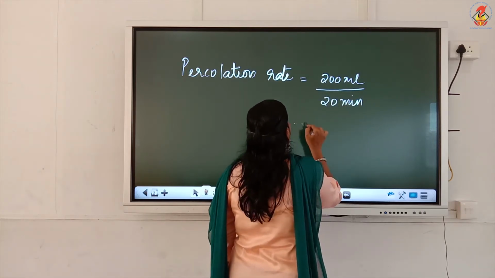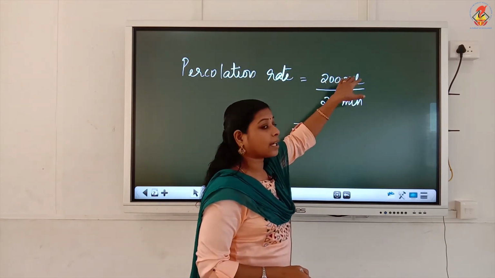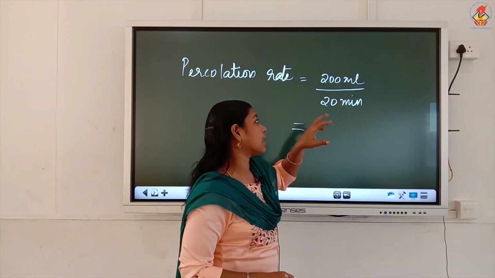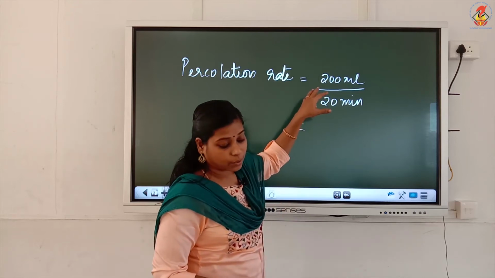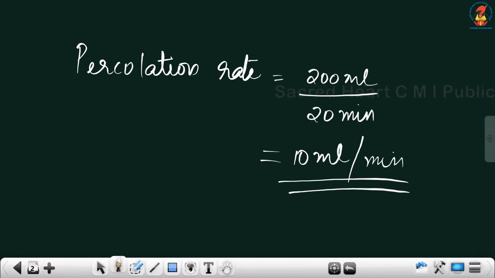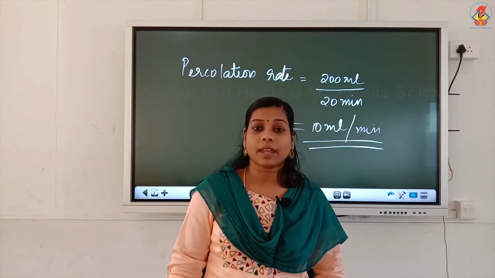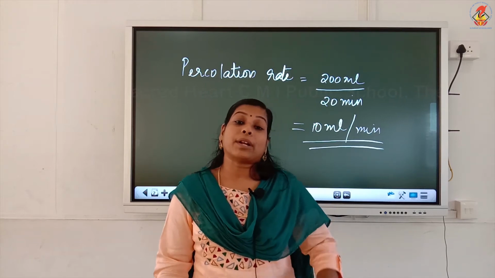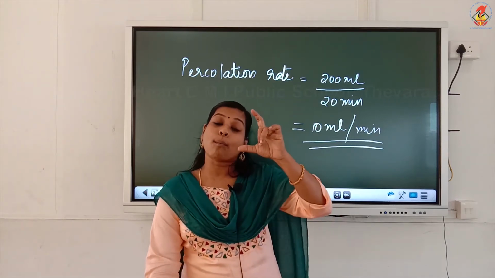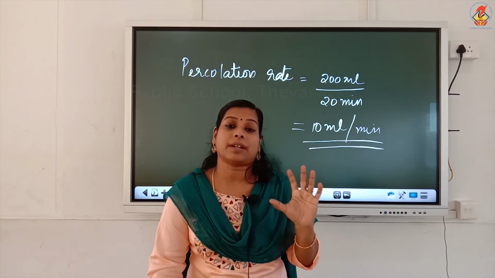Then the percolation rate of that soil will be the amount of water divided by the time taken, that is 200 by 20, which is 10 ml per minute. That is the unit, 10 ml per minute, the percolation rate of that soil. You understood? The percolation rate is how much water is percolated in a given time period.